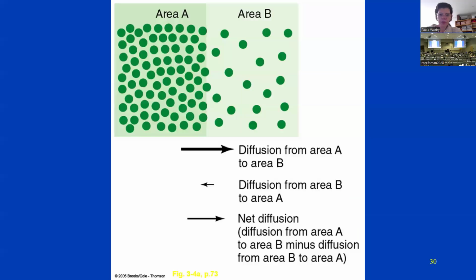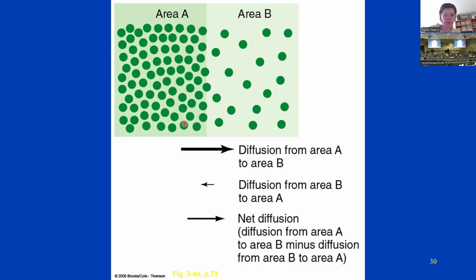Okay, so here is just another depiction of what happens in diffusion. You're going to get a lot of diffusion when you have a higher concentration gradient among those two areas. Now, you also have molecular diffusion going from this side to the other side because molecules are bouncing around all the time and they move everywhere.